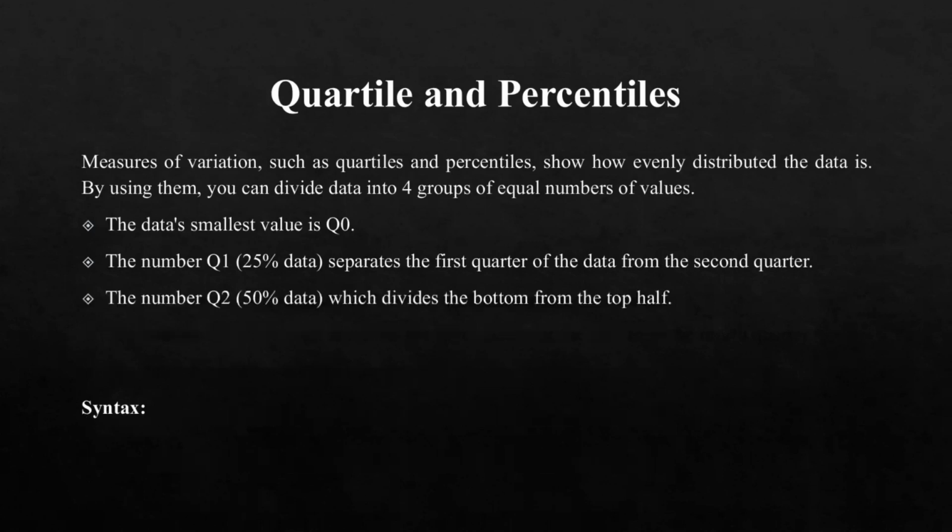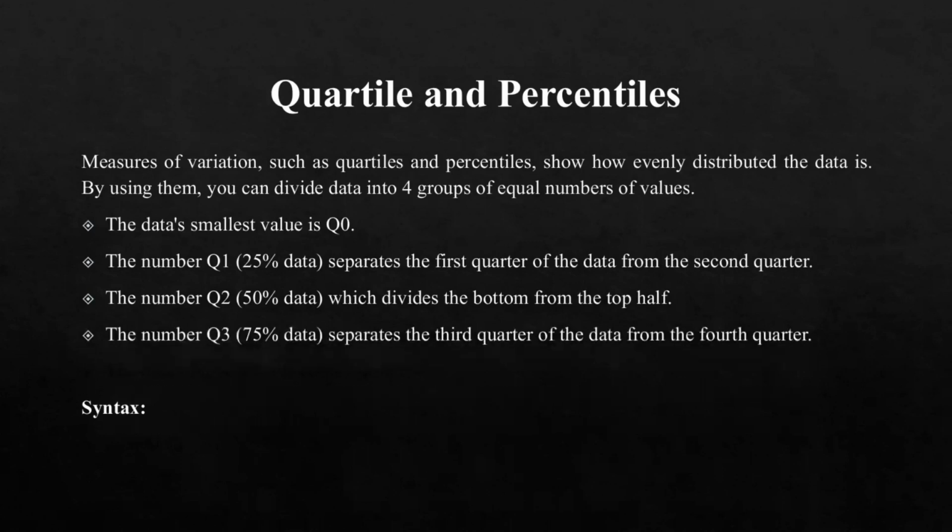The number Q2 represents the 50% or half of the data, which divides the bottom from top half. Next, we have the number Q3, which represents the 75% data. It actually separates the third quarter of the data from the fourth quarter. In the last, the data's biggest value comes from Q4, which represents the whole data. The syntax is quite simple. Just use the quantile function.